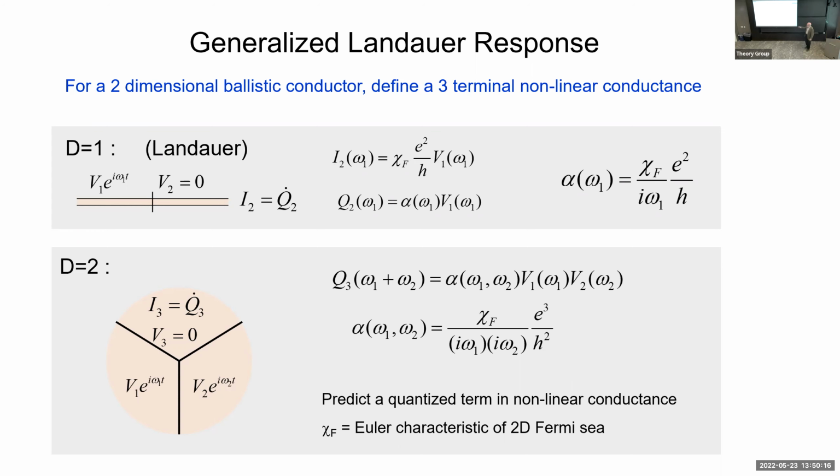I can cast that as a charge response in the 3rd region in response to voltages on the first 2. And so what I want to argue to you is that this defines a response function which has a particular frequency dependence and picks out the Euler characteristic of the Fermi sea. Okay, and so I'm going to give you a couple of arguments for why this is the case.